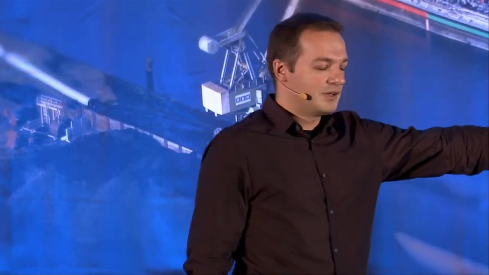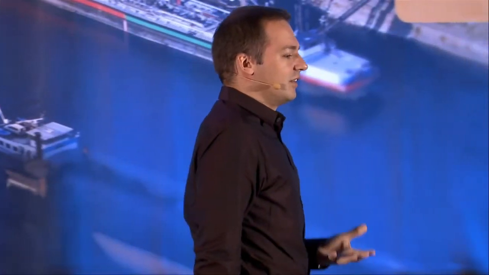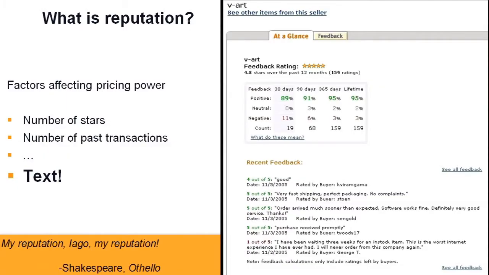Now, once we start having that, we're thinking, well, okay, now we can measure reputation. But what is reputation? Well, if you go online, the reputation of a seller in the Amazon marketplace is something like that.